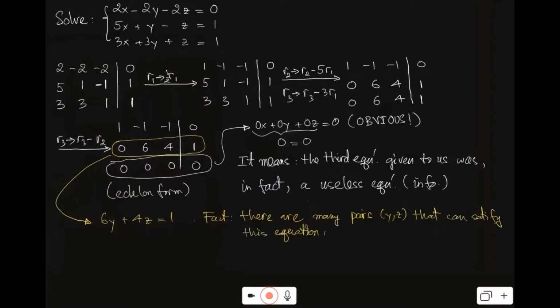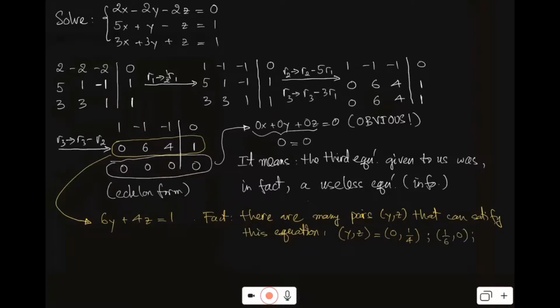To name a few, for example, if you consider yz being the pair 0, 1/4, that's one option. You can consider 1/6 and 0, that's the other option, right?